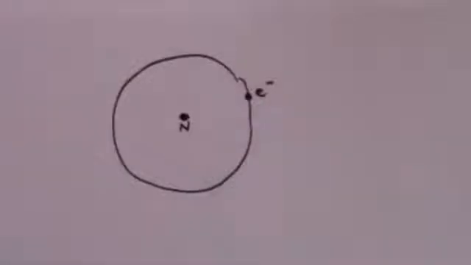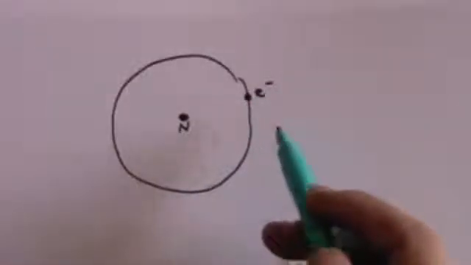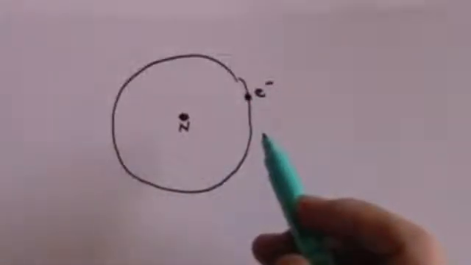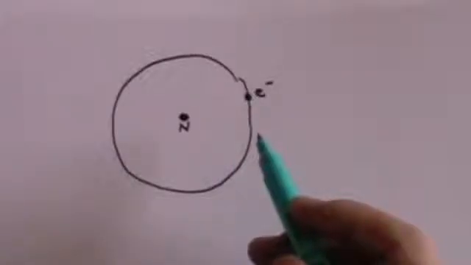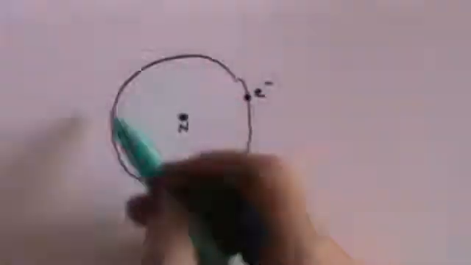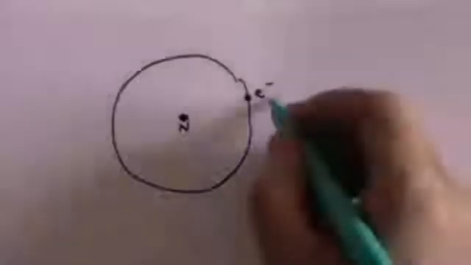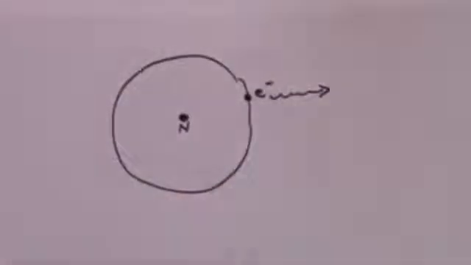The problem with this description is this, that if you have an orbiting charged electron, what we know about electrons that are in orbit is that they are accelerating because they're changing direction. They may not change speed, but they're changing direction all the time.